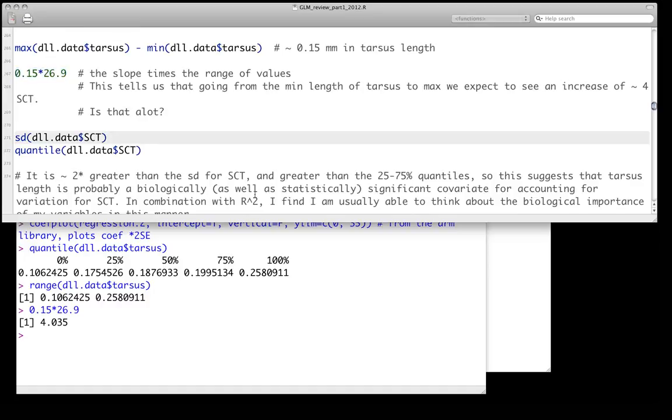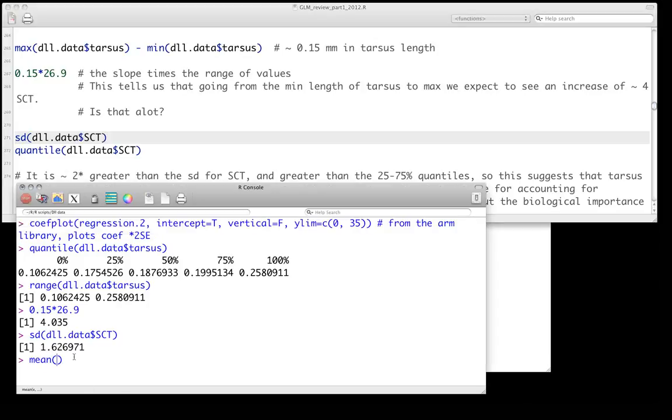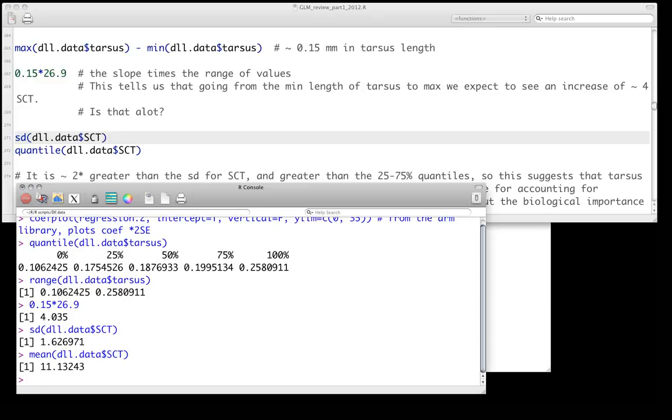And we can think about that in terms of something like, how much variation do we observe? Our standard deviation for sex-comb teeth is 1.62. So if we double that, which is 3.2 and change, 3.3, that's the range where we expect 95% of observations to fall around the mean. So if our mean for DLL.beta is 11.13, we really expect observations to be somewhere around 9 to somewhere around 14.